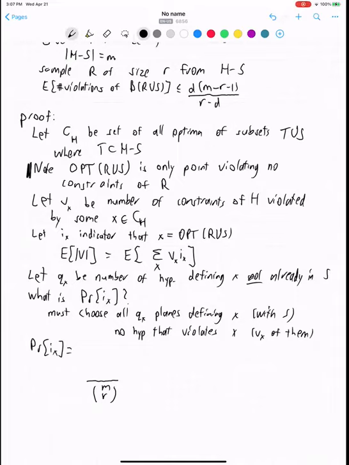So that's going to be another binomial coefficient. As we said, we have to choose the Q sub x hyperplanes that define X, the other hyperplanes are unconstrained. So what that tells us is Q sub x of our hyperplane choices are fixed, and we have R minus Q sub x other hyperplane choices to make.